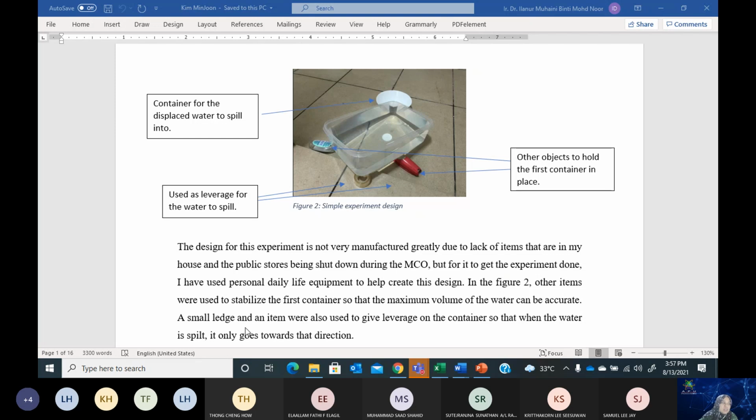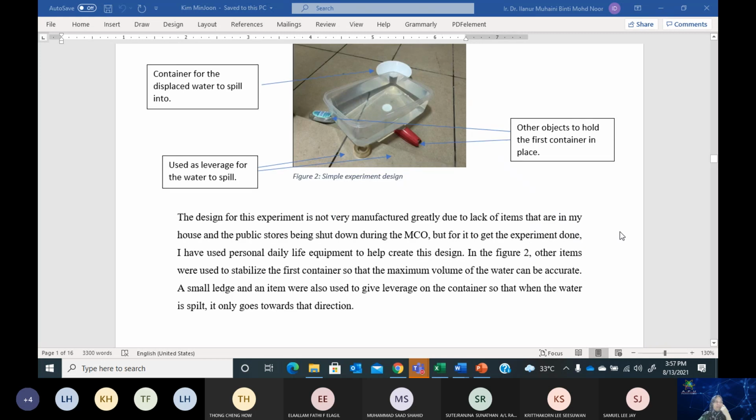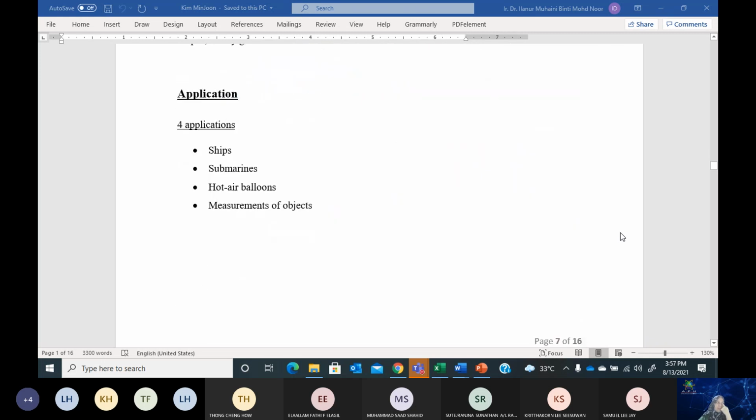A small ledge and I to give leverage of the container so that when the water is spilled, it only goes towards that direction." So you see this water going to be poured into this. Okay. "Application can be in ships, submarines, hot air balloons and measurement of objects."